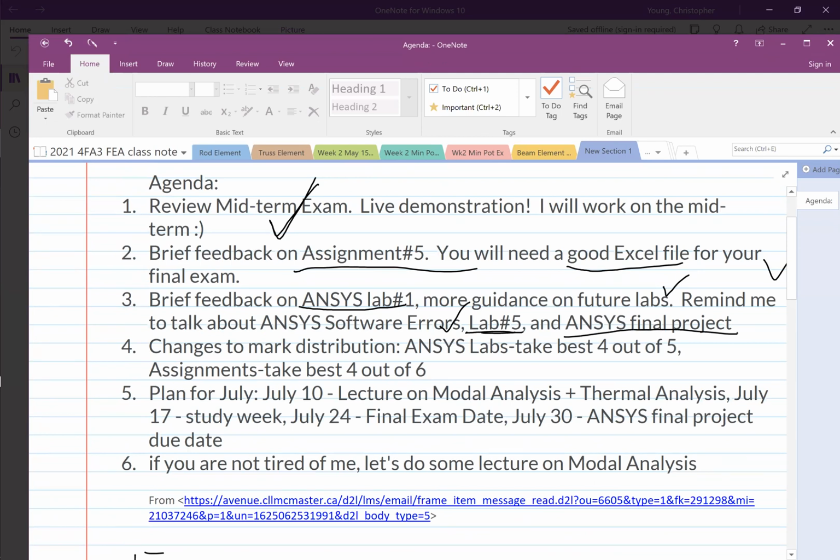One more thing, there will be an ANSYS final report, which counts for about 20%. I have a rough idea of how I'm going to test you, and I'm just going to write this down. This is very similar to your labs, but a bigger report, bigger problem, more notes maybe.